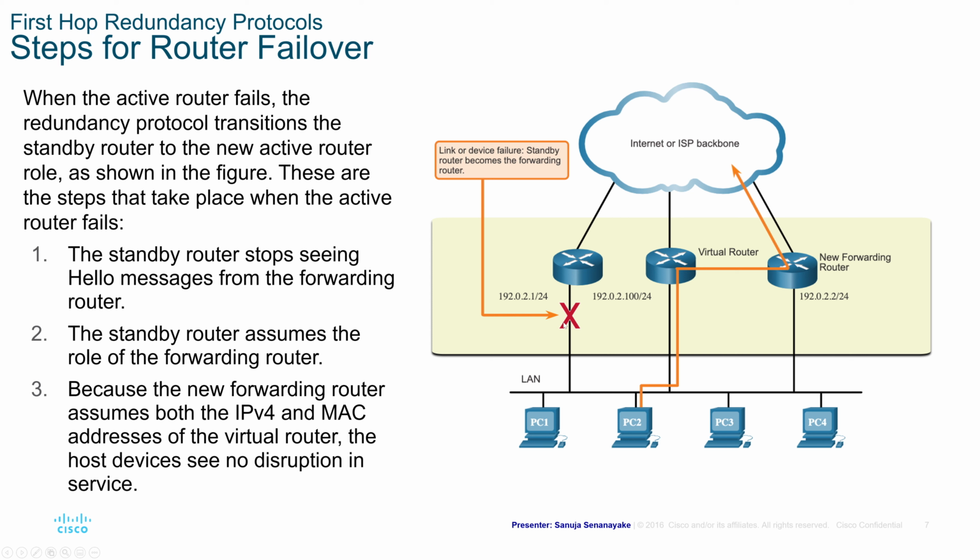What that means is basically these devices down here in the LAN don't even know that this router failed. The only thing they know is they have constant network connection to the internet, and they have no idea that it's just been taken over by the standby router. So that's an advantage of that redundancy. It's very smooth, so there is no disruption in the service for the clients.